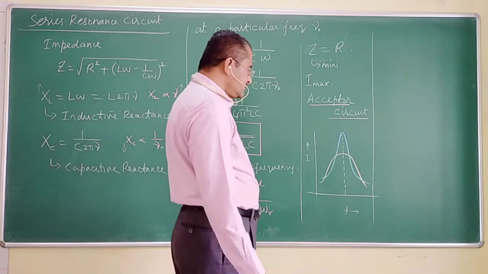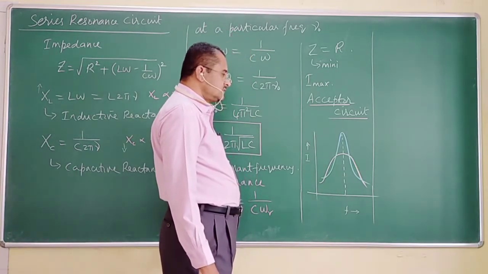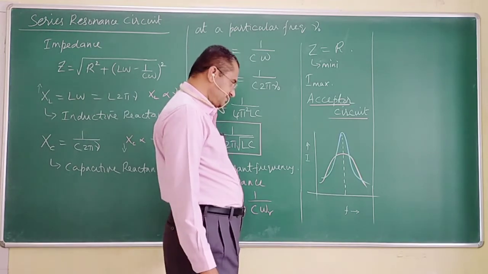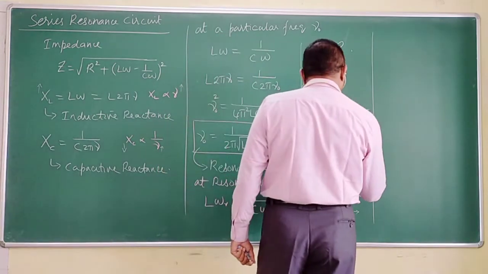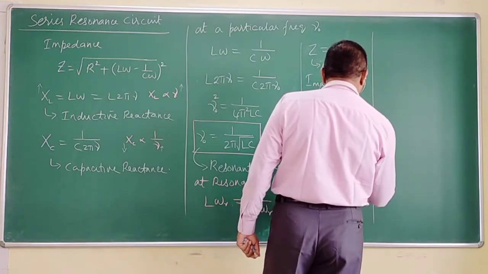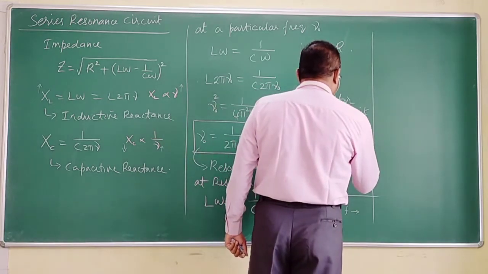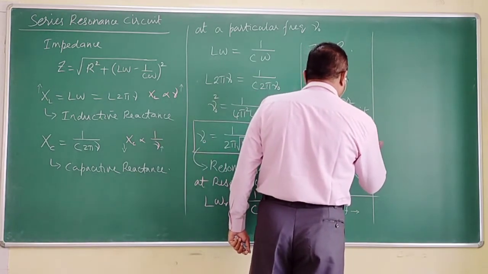These are two curves drawn for different values of R. Let us say for one curve the R value is 100 ohms, and for the blue curve the R value is 30 ohms.